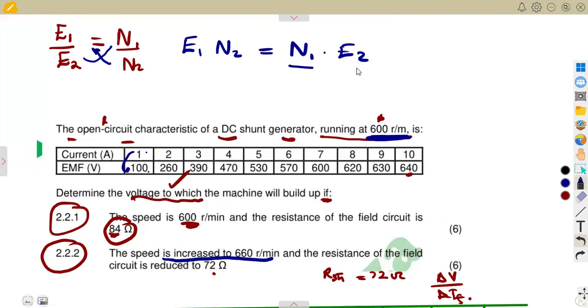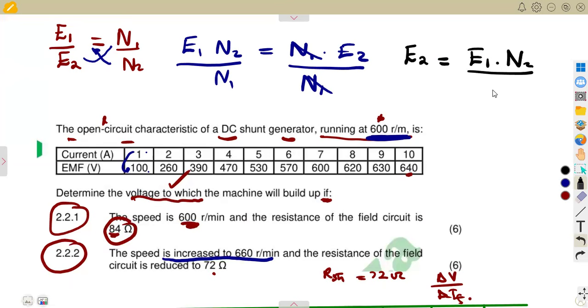We want E at the speed of 660, so divide by N1 on both sides. On each and every condition, E2 is given as the product of E1 times N2 over N1.